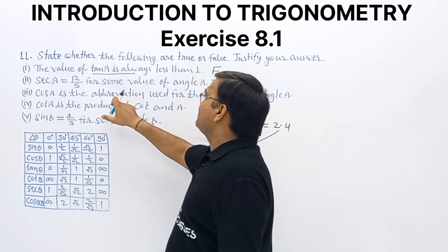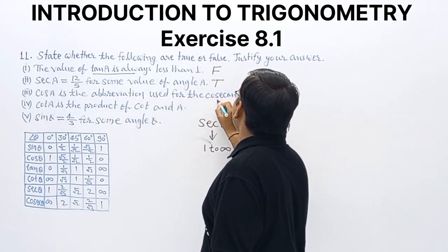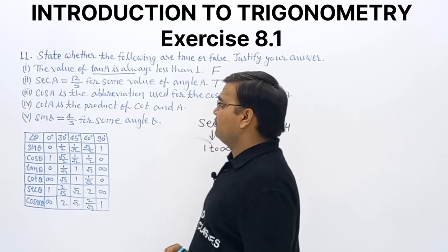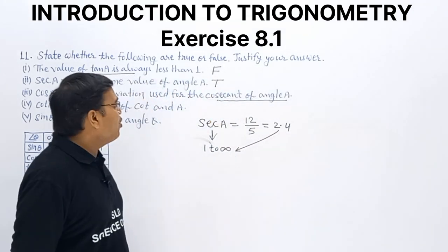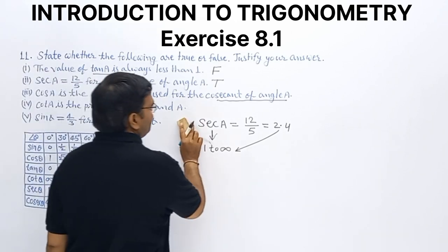Cos A is the abbreviation used for the cosecant of angle A. First observe cos A. Cos A is the abbreviated form of cosine theta.